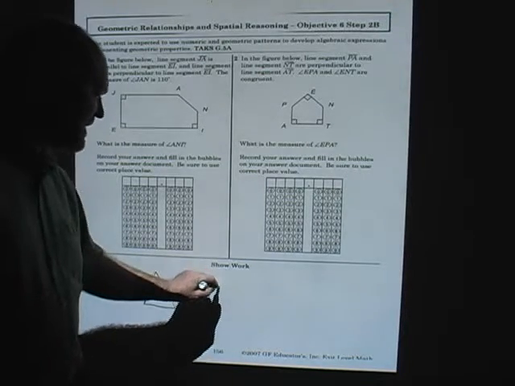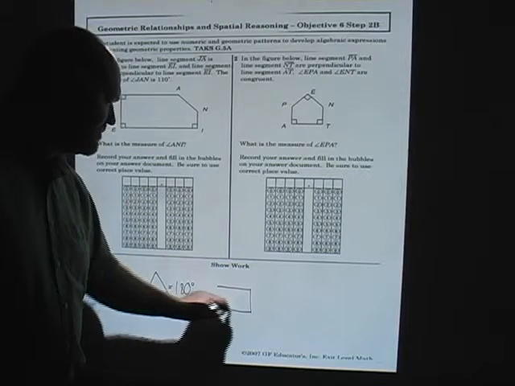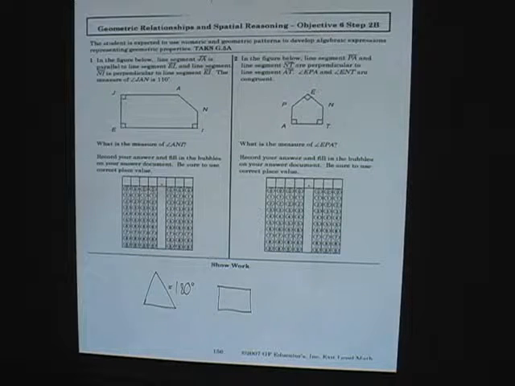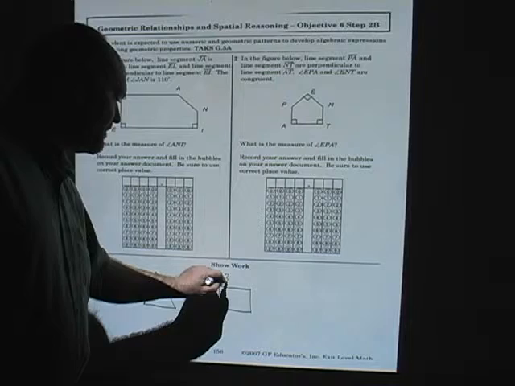Now, if I take a rectangle, you know a rectangle has 4 90-degree angles in it, so you could just add those up and find that it equals 360 degrees.